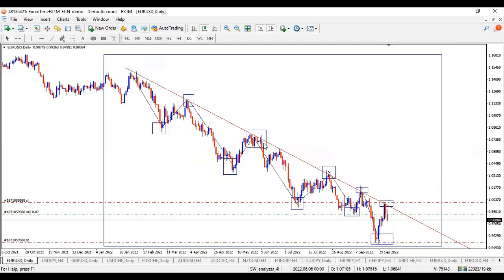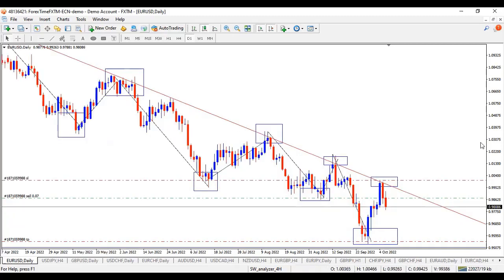So you do realize that at this point, we could see a doji plus a bearish candle indicating that price is continuing down. Let me make this a bit bigger. And at this point, there's a spinning top here, there's a bearish engulfing candle.